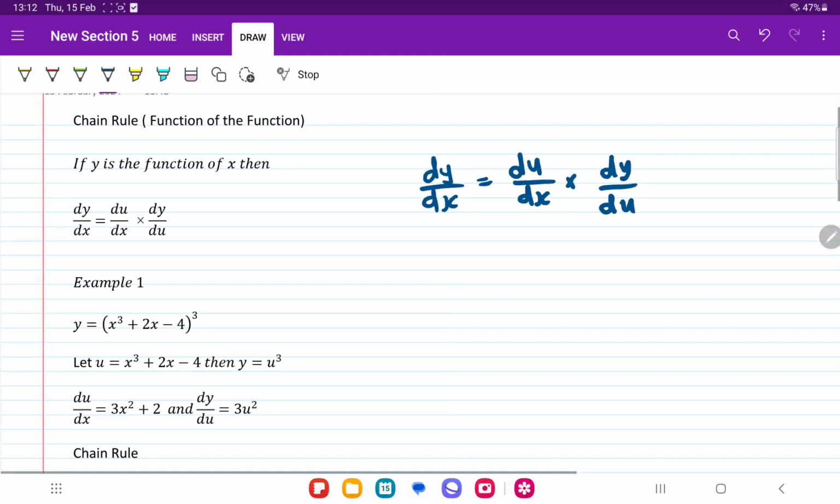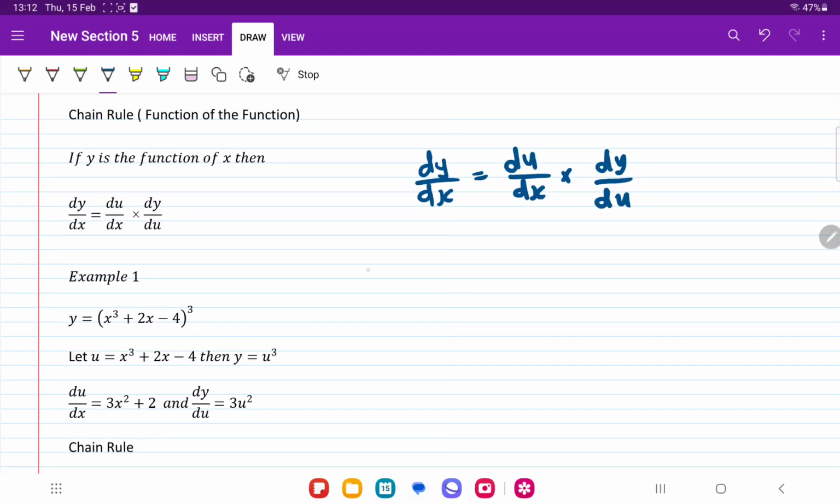Example number 1. So if we have y equals x cubed plus 2x minus 4, all to the power 3. I'm going to show you step by step. The first step, whatever is inside the bracket, you're going to assume that's equal to u.